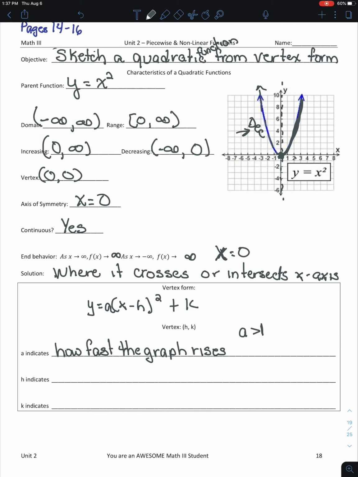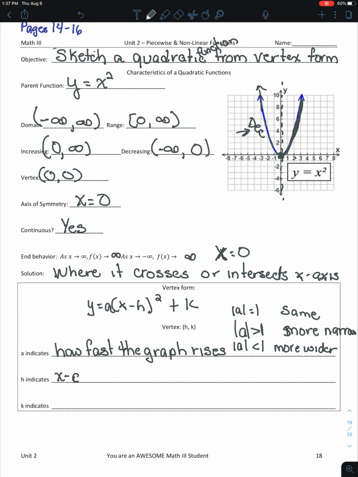Just like an absolute value, if the absolute value of a is greater than 1, your graph is going to be skinnier or more narrow. If it is less than 1, your graph is going to be wider. If it is equal to 1, it's going to be the same as the parent graph.